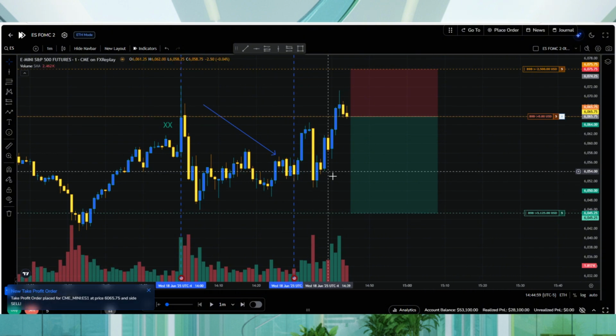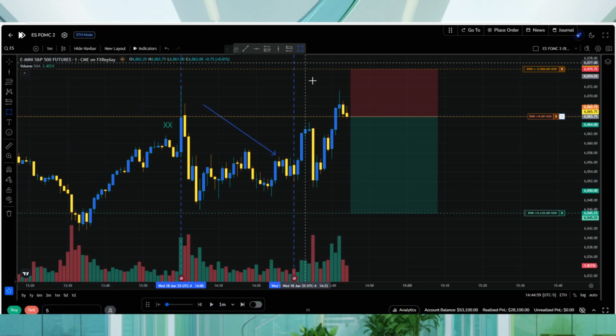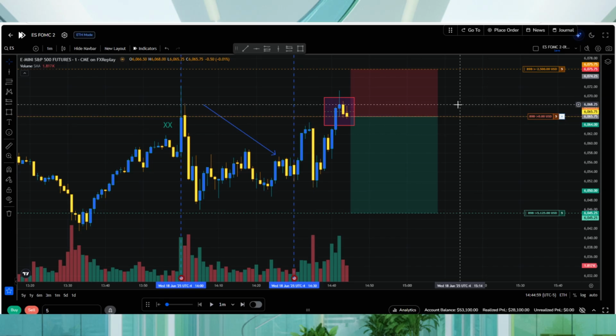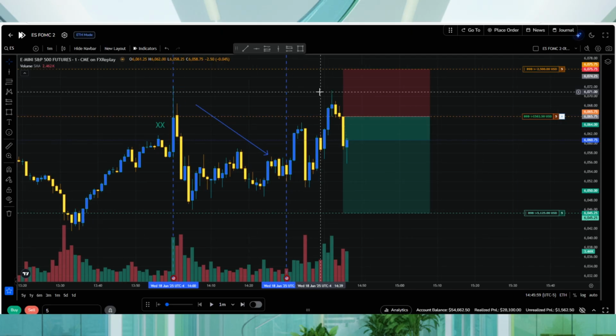We get our 2 red candles here. Let's see where this goes.